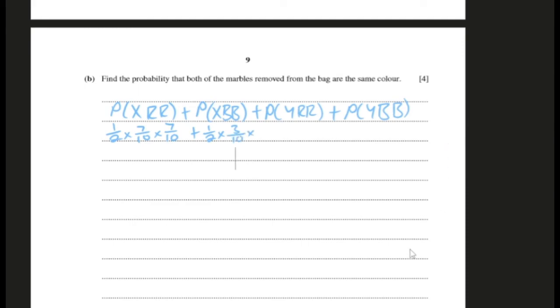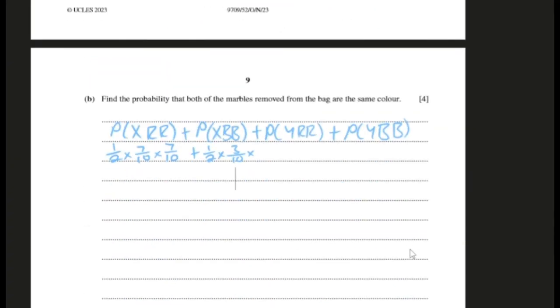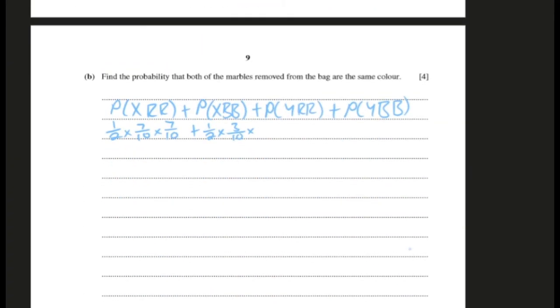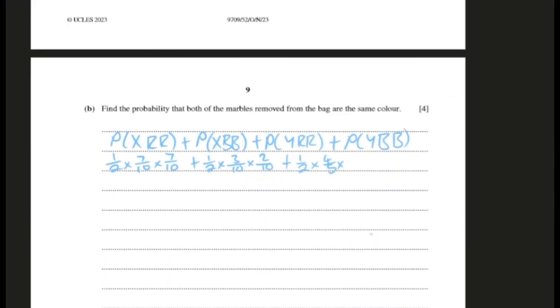Okay, and then YRR would be half times 4 over 5 times 4 over 5. And then YBB would be half times 1 over 5 times 0. And let's punch this into a calculator and simplify.